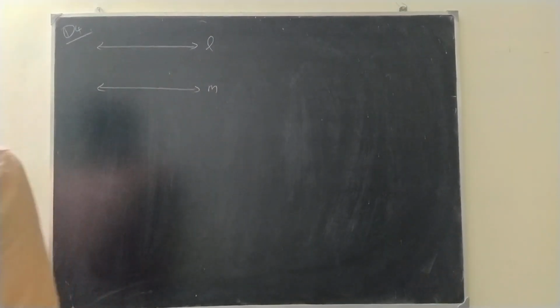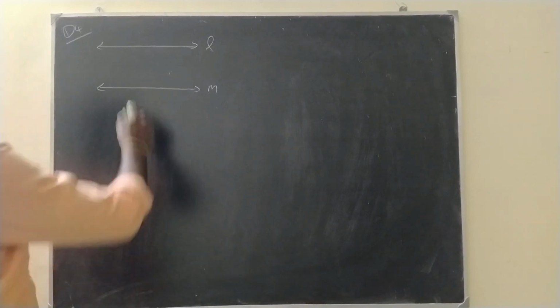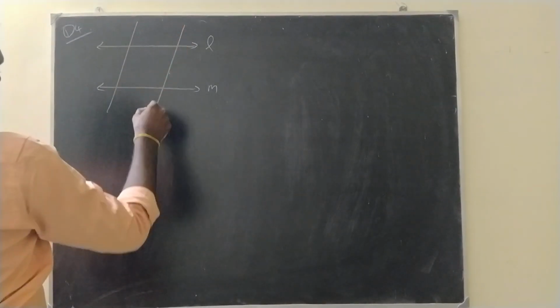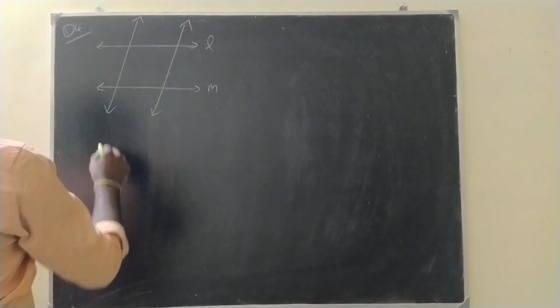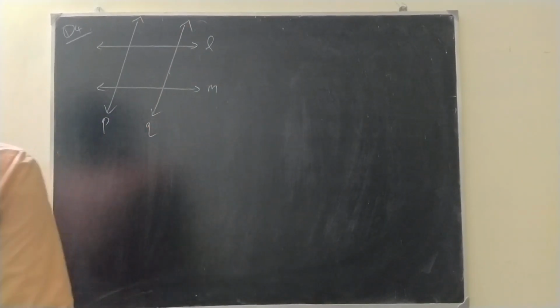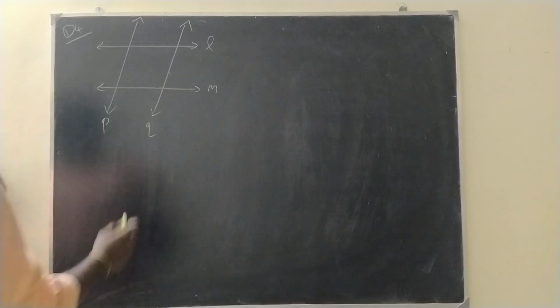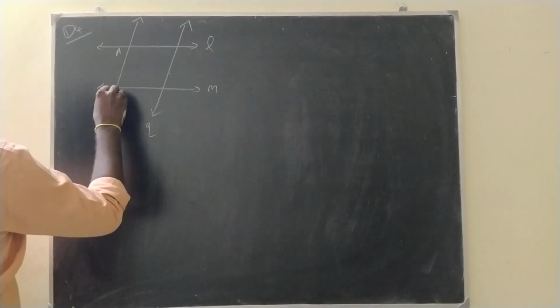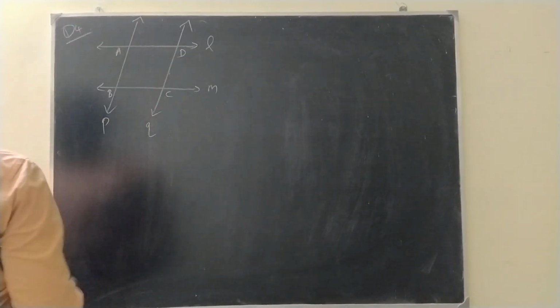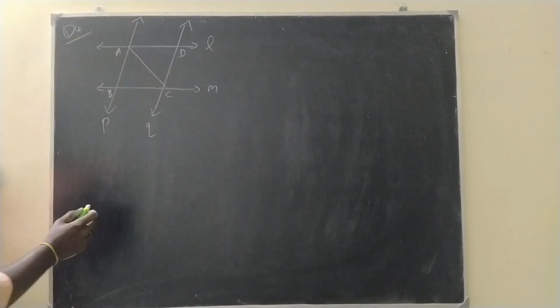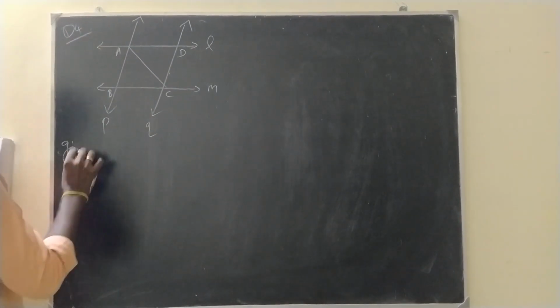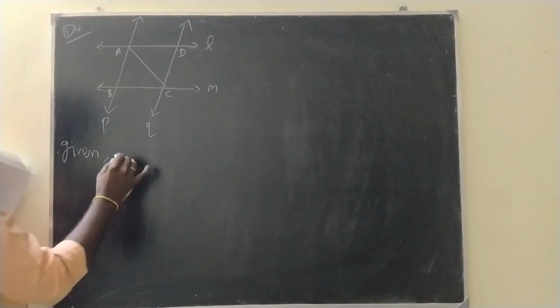Diagram. L and M are two parallel lines intersected by another pair of parallel lines P and Q. This is P, this is Q, and the points of intersection are A, B, C, D, and there is one line here. So what is given?